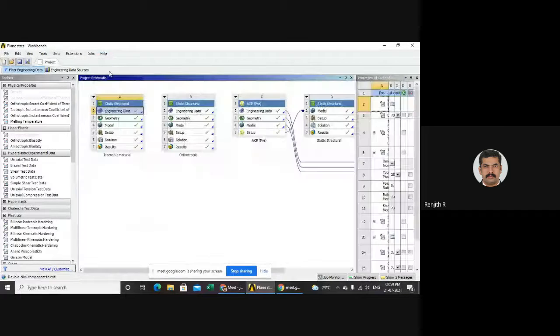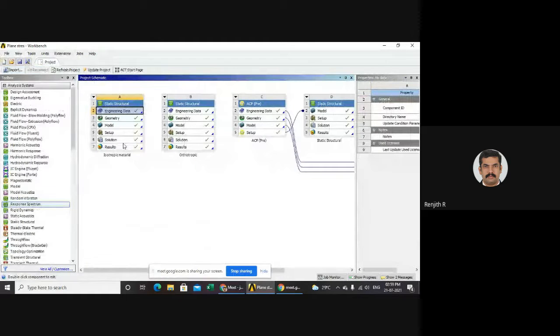If you want to do analysis, there are three stages: preprocessor, solver, and post-processor. In the preprocessor, we have to give the material properties, select the elements, and give the boundary conditions. And the solver is the solution, where with the help of matrix iteration techniques we solve the matrix.